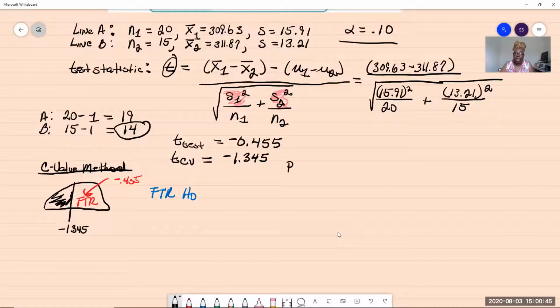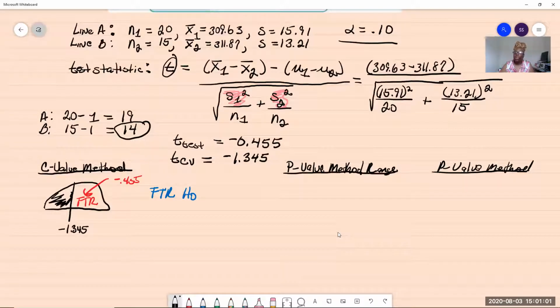So for the p-value method, there are two ways to do it. You have the p-value range method and the p-value method, all right? What does that mean? Well, when you have a t-chart, if you take a look at it, there's no area under the curve, right?